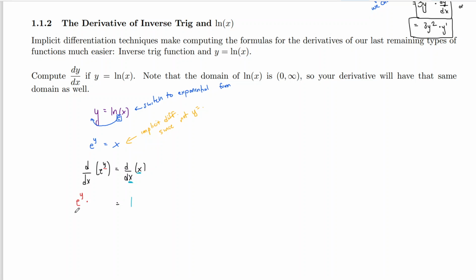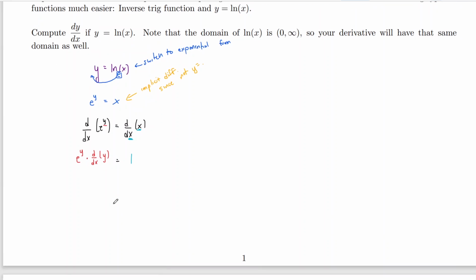So we multiply by the derivative with respect to x of the exponent, which is y. And d over dx of y is what we call dy over dx. So I'm just going to write dy over dx. And this equals 1.